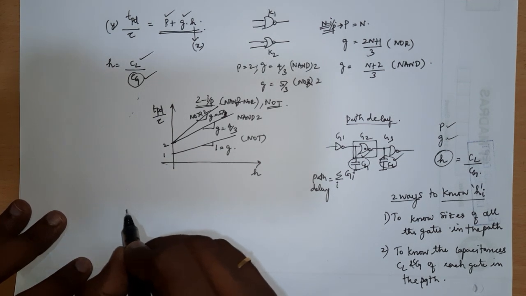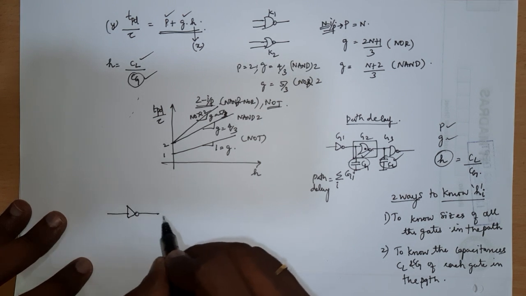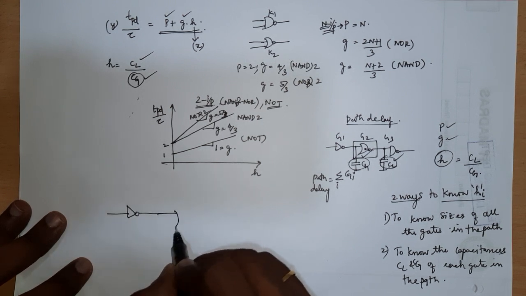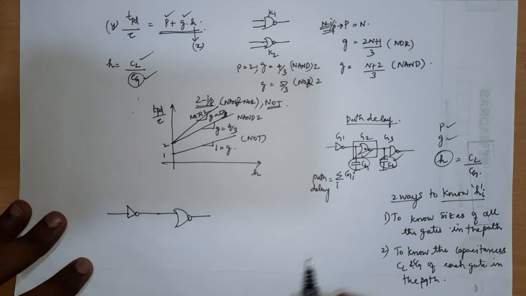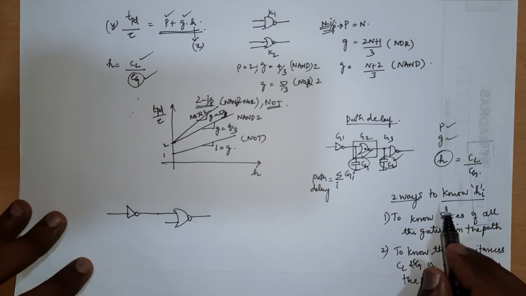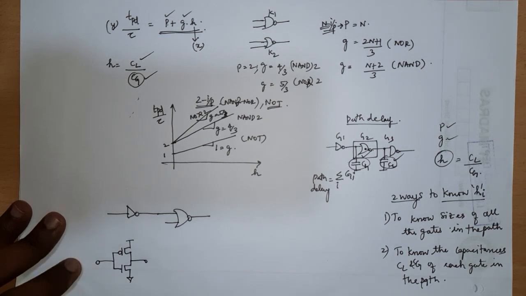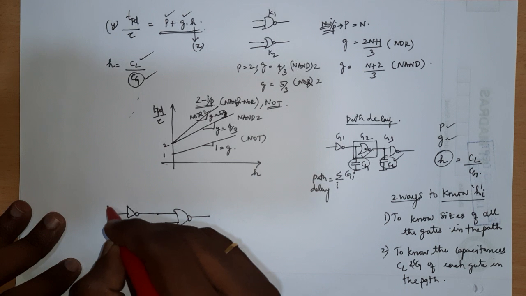Okay, suppose I take a NOT gate, and I take a NOR gate, like this. Say it is a 2 input NOR. So this is nothing but your inverter, and let me put this in a box.